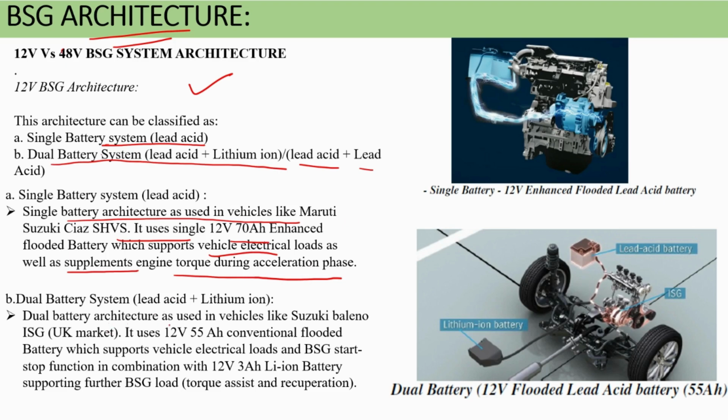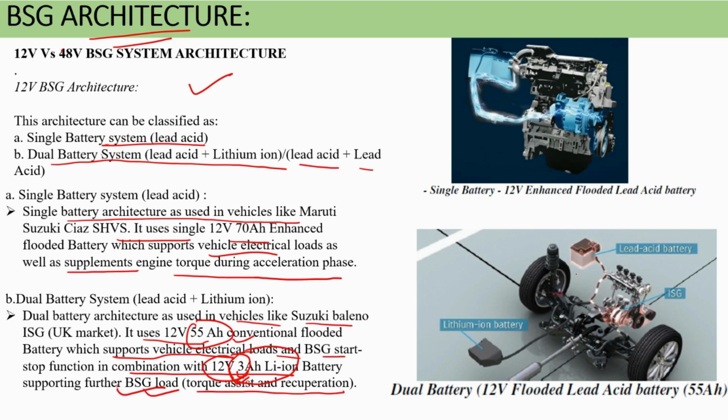Then dual battery. The dual battery system is used in a vehicle like Suzuki Baleno ISG, UK market. It uses a 12 volt 50 Ah conventional flooded battery which supports the vehicle electrical load and BSG start-stop function, in combination with a 3 Ah battery. There would be one more small one. One would be 50 Ah, the other would be a 3 Ah lithium ion supporting the further BSG load, torque assist and recuperation.